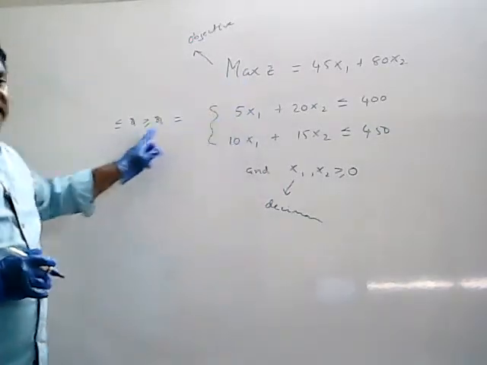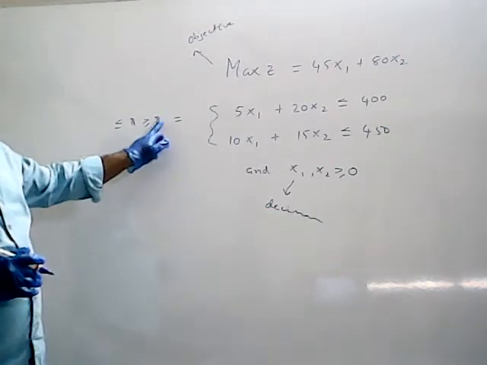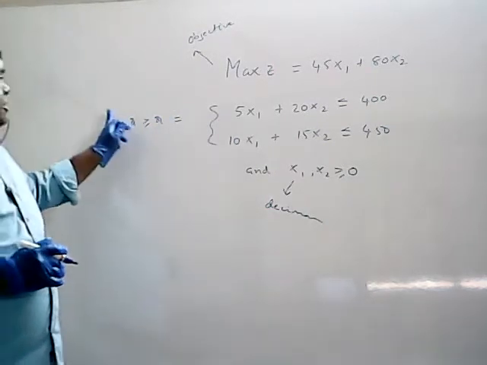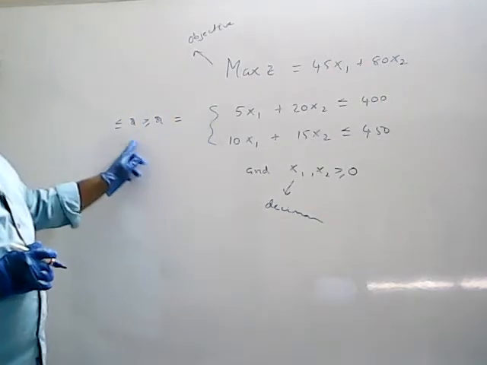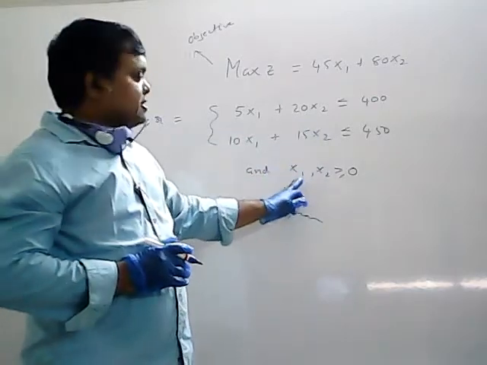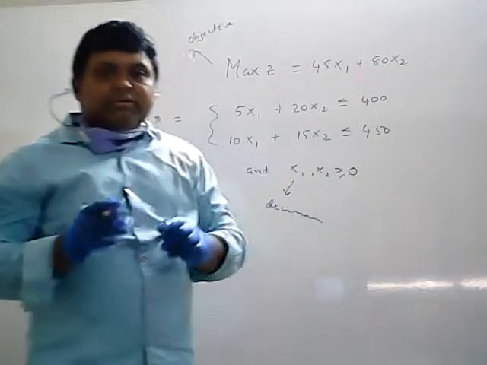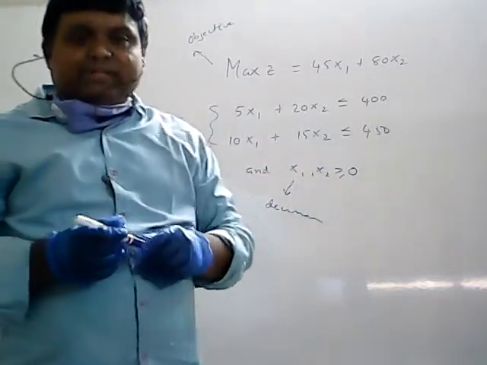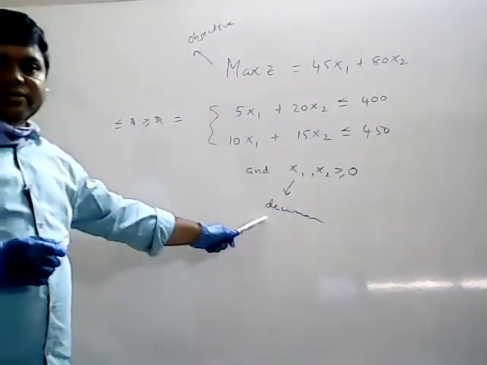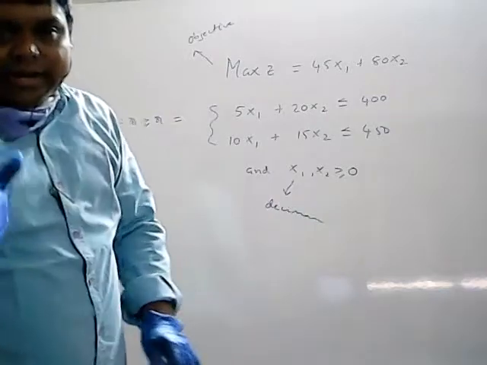Constraints are either less than or equal type, or greater than or equal type, or equal type, or a combination of all three. Decision variables are non-negative. How many decision variables are there? Two. That's why x1, x2 greater than or equal to 0.